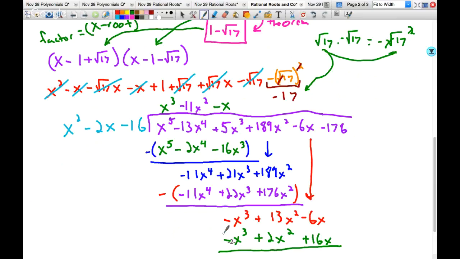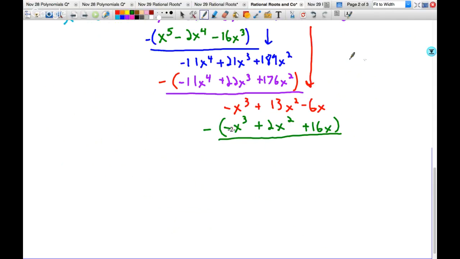Draw a line, parentheses, subtract, and those cancel. 13 minus 2 is 11x squared. Negative 6 minus 16 is a negative 22. Just wanted to be extra sure.